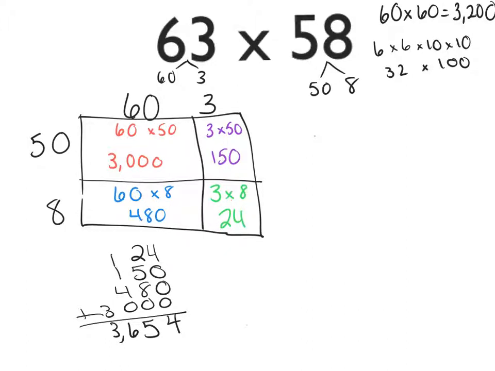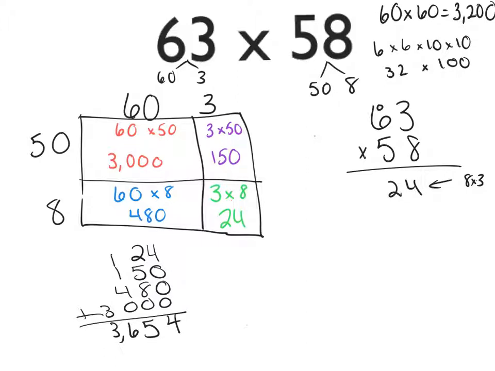Okay, also if you chose to do it vertically, or partial multiplication, you have 8 times 3, which is 24. You have 8 times 60, which is 480.